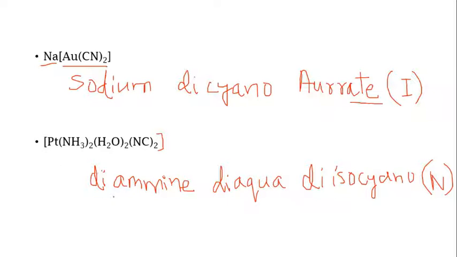So then you have platinum, and mention the oxidation state inside the braces. So the oxidation state is 2 in this particular complex. So it is totally diammine, diaqua, diisocyano-N, platinum(II). In this one there is no charge present, that's why we named it like this.